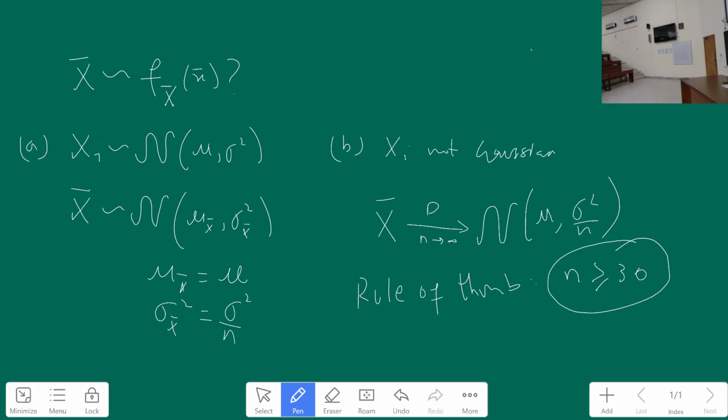Then it is always Gaussian. This rule only comes in if the original samples, the things that I am measuring, are not Gaussian. Only then this rule comes in. For the Gaussian case, it's always there. So these are the two cases that we cover.